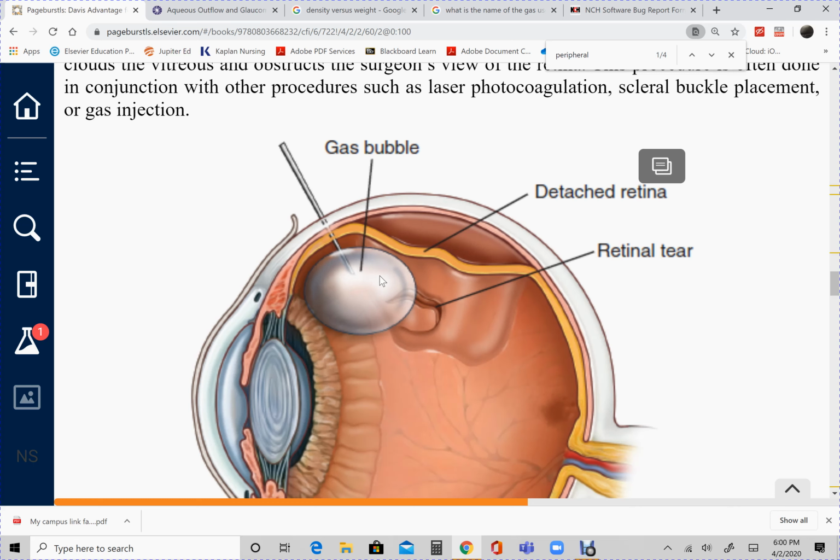So of course that will be greater in density than atmospheric air, so it has the ability to press. The doctor injects the gas bubble, and then the gas bubble will press the retina back and help reattach it to the eyeball.